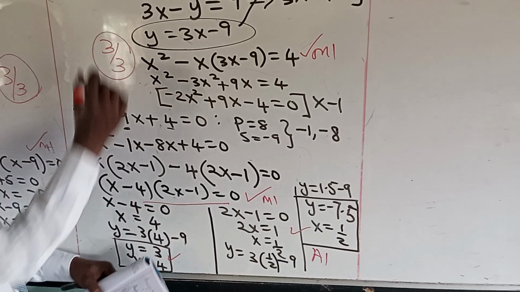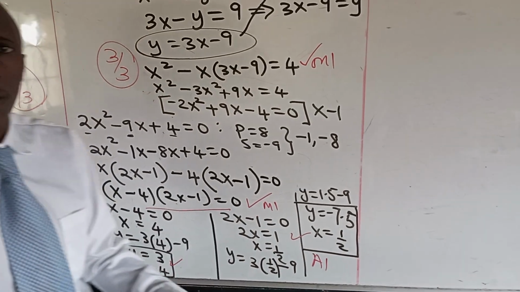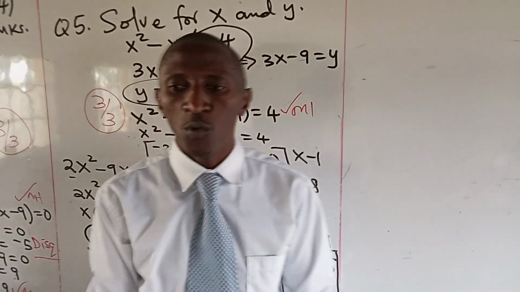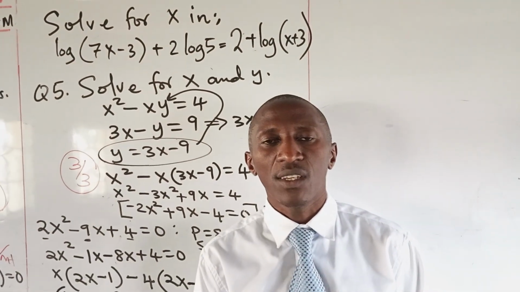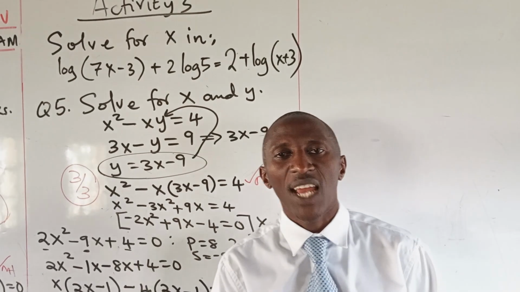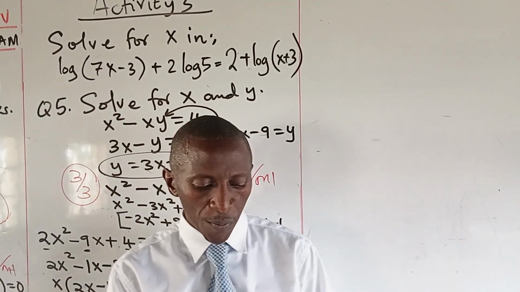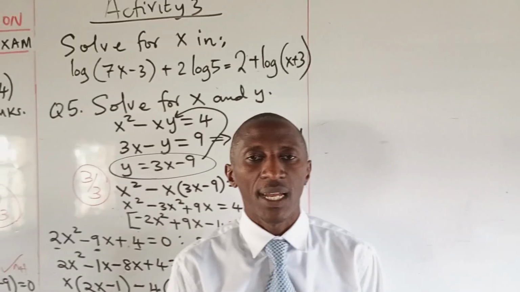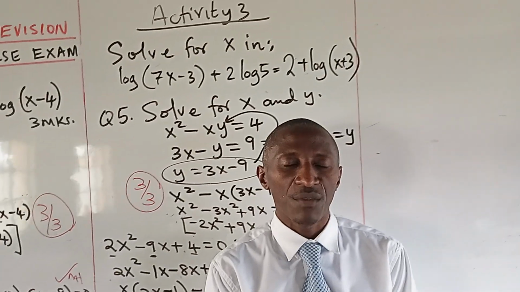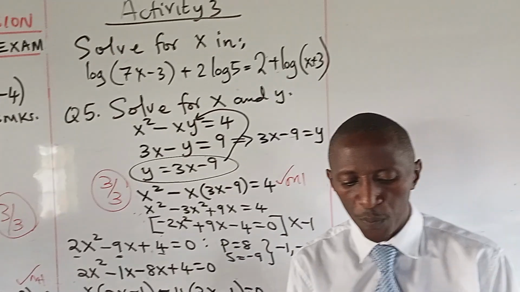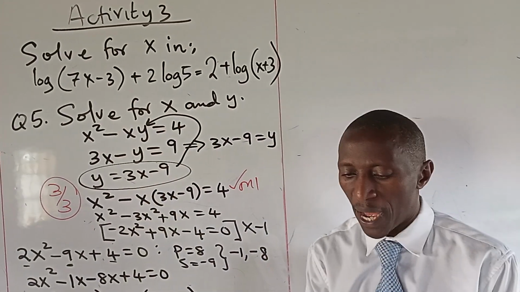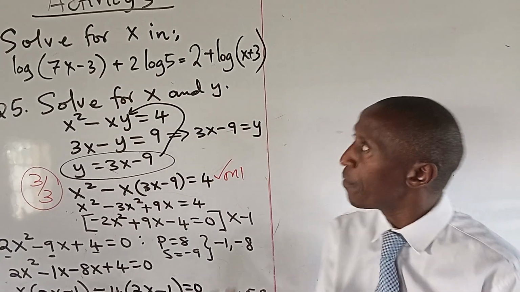So viewers, we have come to the end of our recorded part of the lesson, and I would like you to join me in the live section whereby you will be able to give feedback on the questions, the activities that we are posing. The final activity will be for this part, that will be activity number 4.